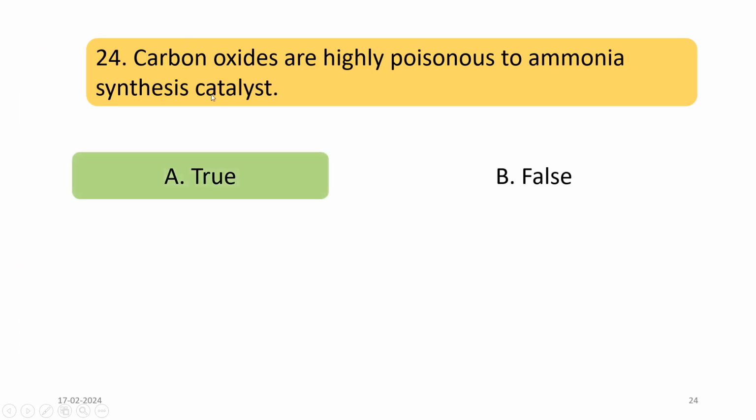So the answer will be true. Carbon dioxides are detrimental to the ammonia synthesis process. That is why they are removed by the methanation process. So it is true here.